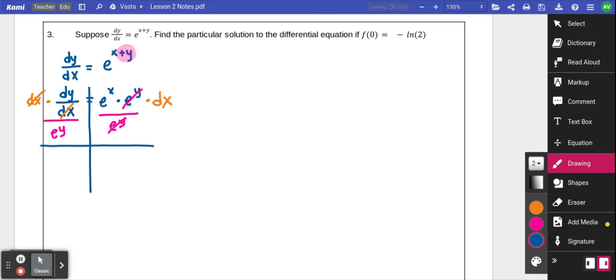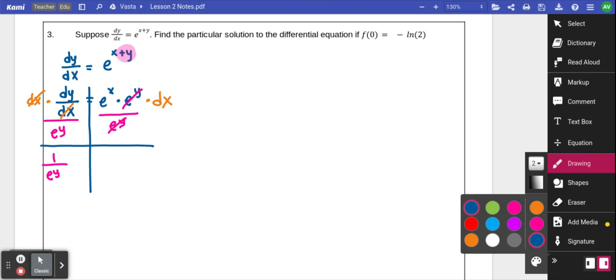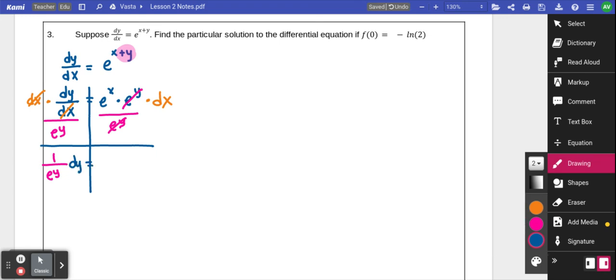Because I divided by e to the y, I'm going to have 1 over e to the y times the dy that was already there. And because I already had an e to the x and now I multiplied by dx, I'm going to have e to the x times dx.